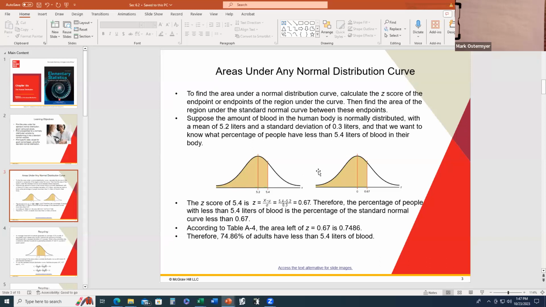The only difference between this presentation and the one we just got done with is that now we're going to deal with other normal distributions, not necessarily the standard normal distribution anymore. And in the old days, before we could compute probabilities underneath other normal distributions, we had to first standardize our observations to conform to the Z distribution, the standard normal distribution, for which we could then use tables in the back of the book.